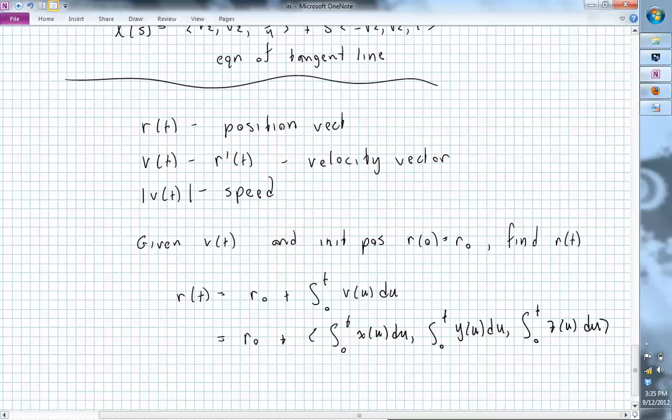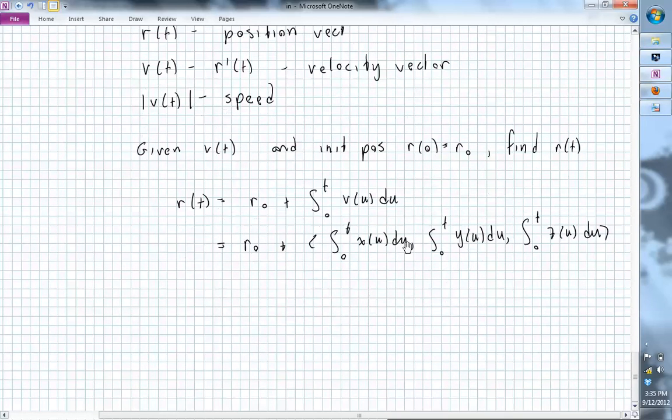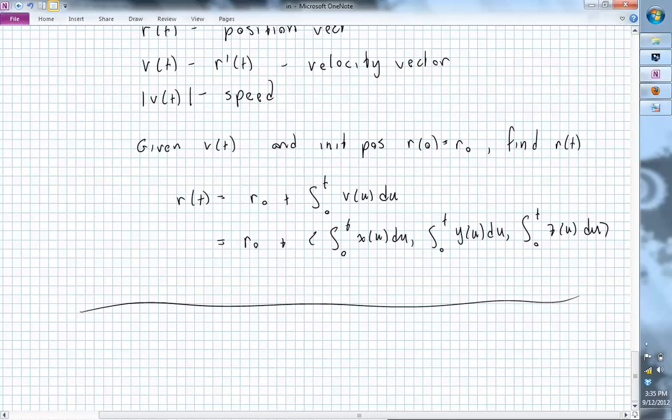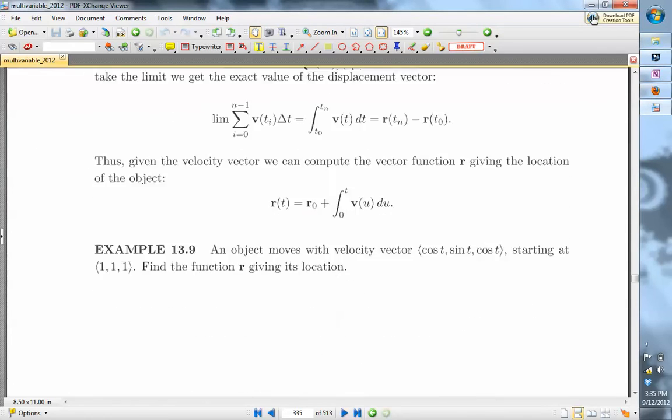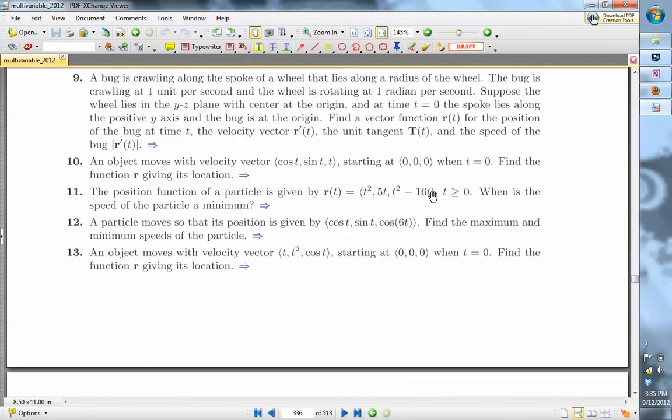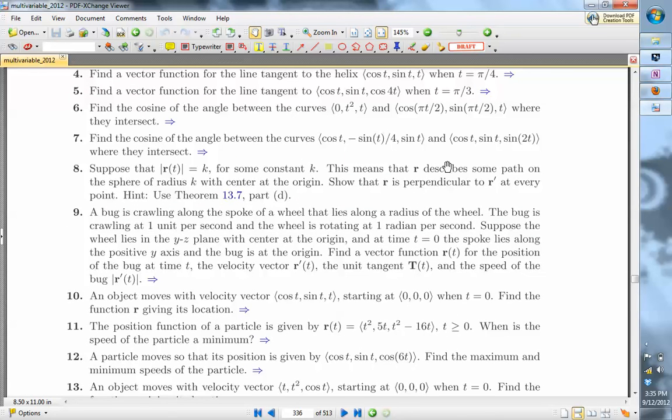All right, so there are a couple of problems like that. Let's talk about some problems in the book here. The first problem I thought was interesting was your star problem. Big surprise, right? Find the cosine of the angle between the curves blah and blah where they intersect.